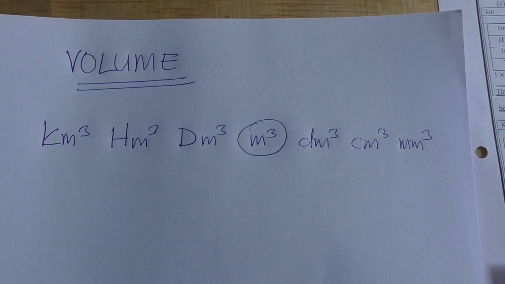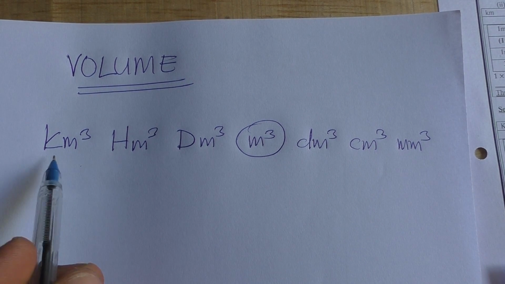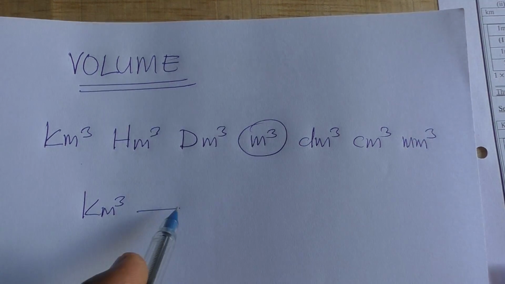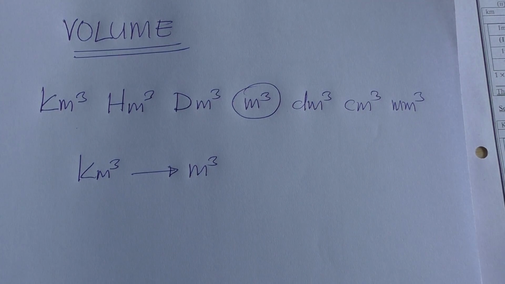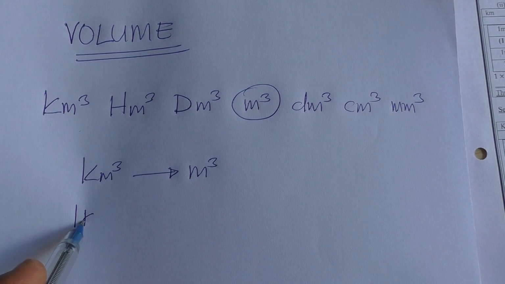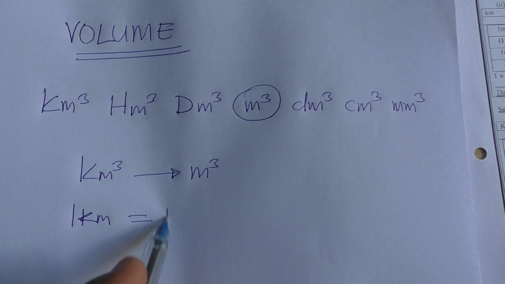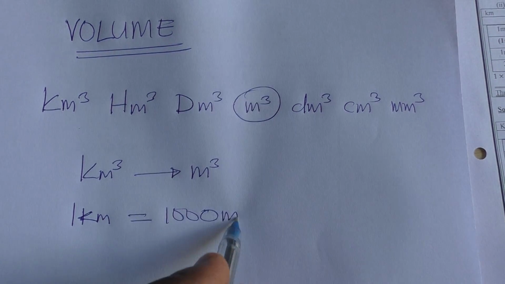How do we convert? For instance, we can convert kilometer cubed to meter cubed. We know that 1 kilometer equals 1,000 meters.